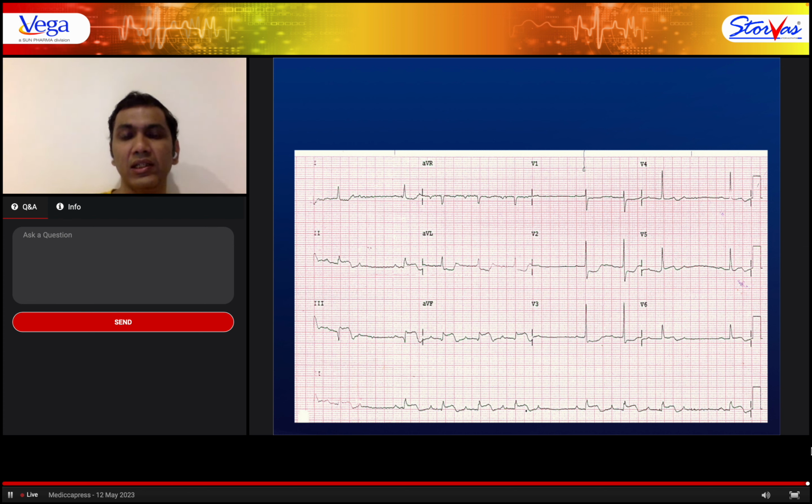This feature, as I described, is suggestive of a Mobitz type 1 Wenckebach sequence. This again can be one of the reasons for feeling palpitations, but does not remain a cause for requirement of pacing. This can be induced by hypervagotonia again.